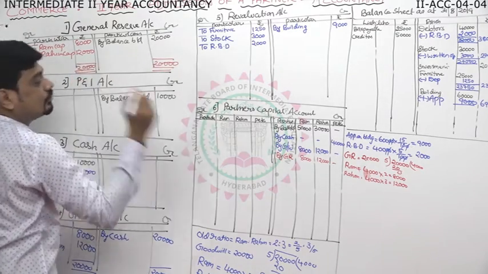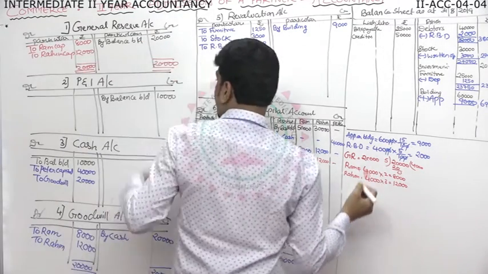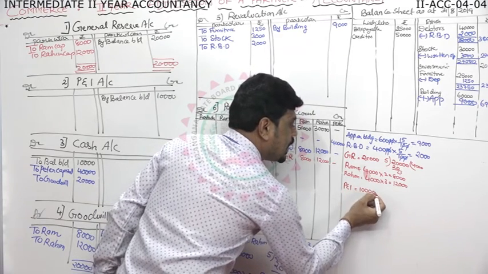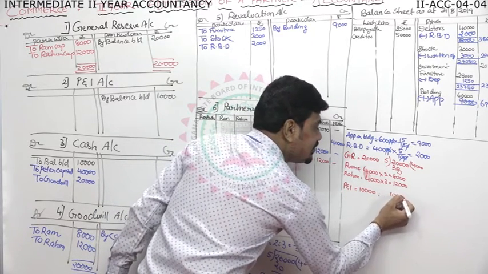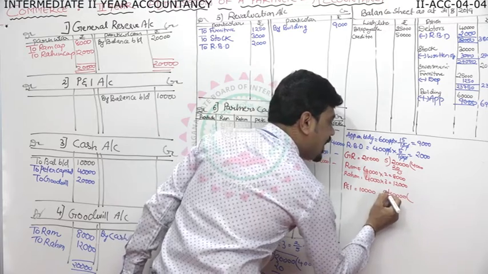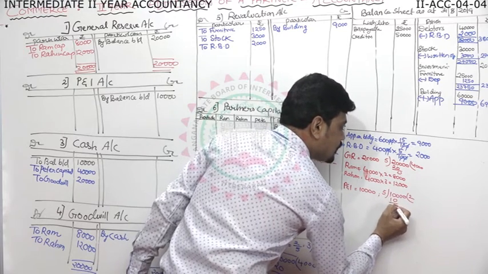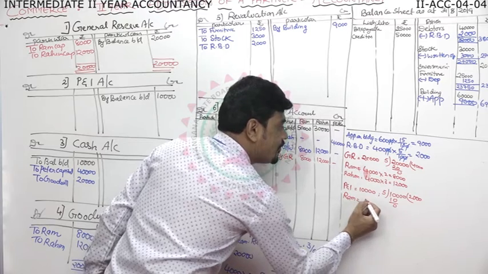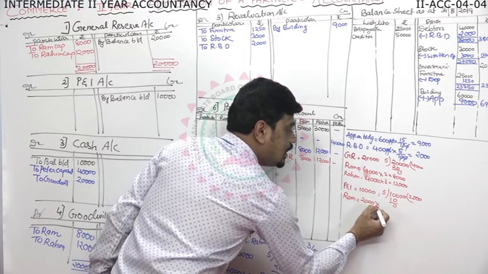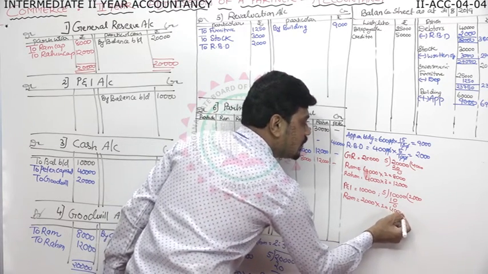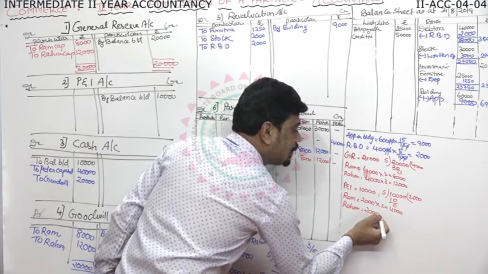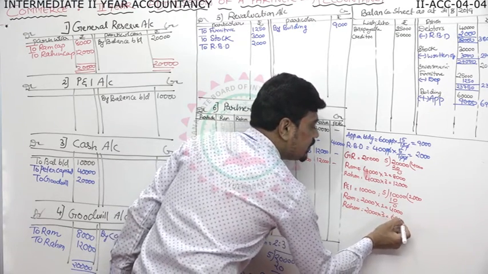Then we have profit and loss account, which is again an accumulated profit, 10,000. Again, this 10,000 I'll divide by 5. 5 twos are 10. So 2,000. Again, I'll do the share of Ram. 2,000 into 2, 4,000. Rahim, 2,000 into 3, it is 6,000.